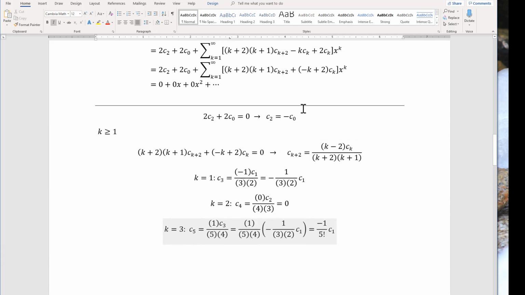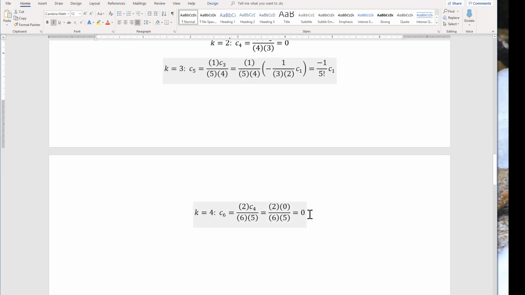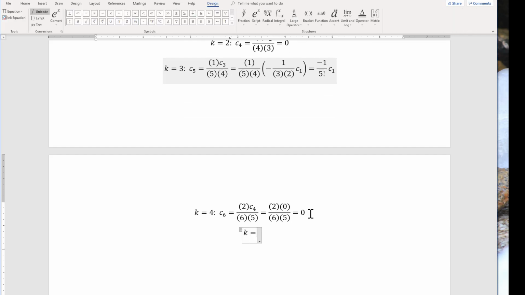Let's do one more, C7. The next one is k equal to 5. So that's C7. 5 plus 2 is 7. 5 minus 2 is 3. 5 plus 2 is 7, and this is 6.